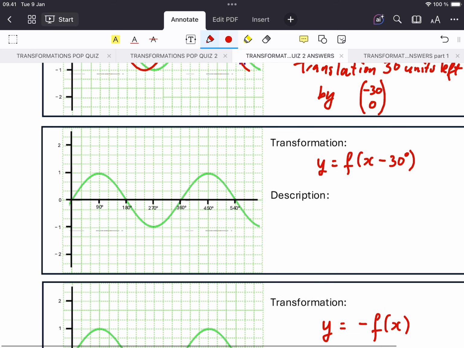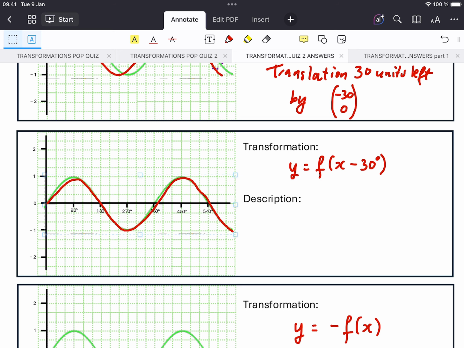And the next one is kind of the same idea, so I'll just zoom in once more and trace that out. Not very well. Let's try again. Okay, so f of x minus 30. So again, it's going to be in the horizontal plane when you do something to the x first.